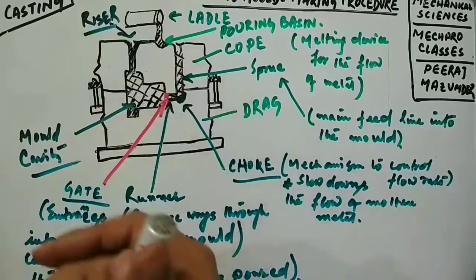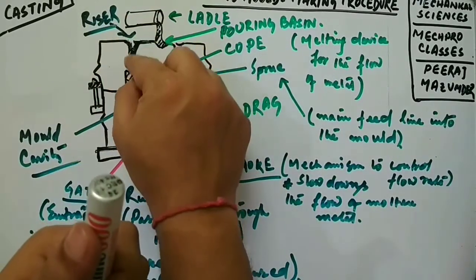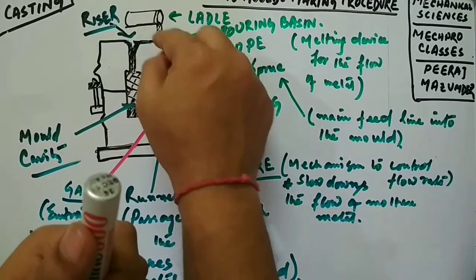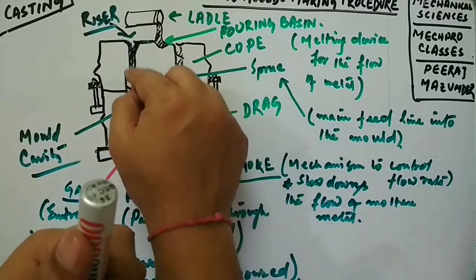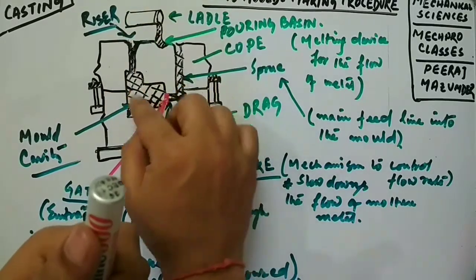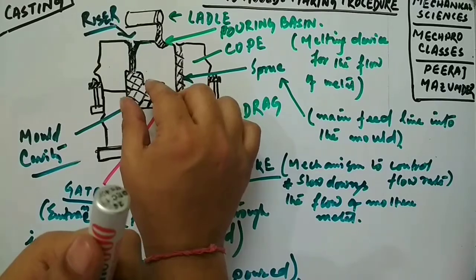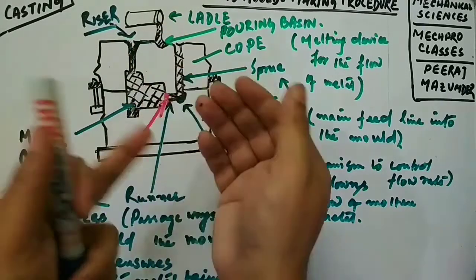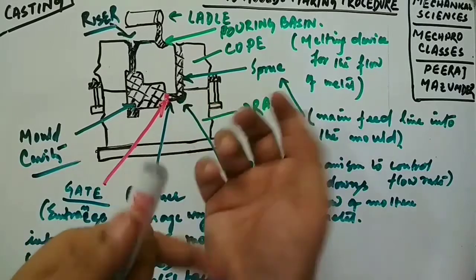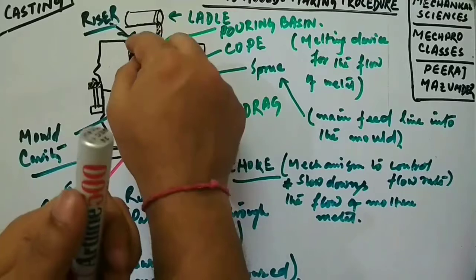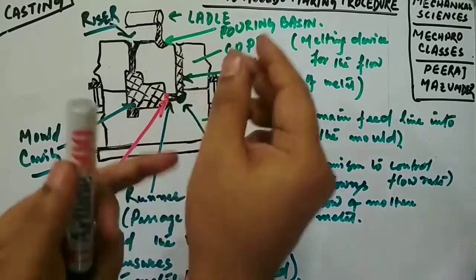So the riser provides the extra molten metal, which comes through this in the backward direction. When you are pouring, it is coming in this direction and it is moving upwards in this direction only. But during solidification, if somehow it contracts and you are in need of extra molten material for the casting, the riser provides you with the extra amount of material.